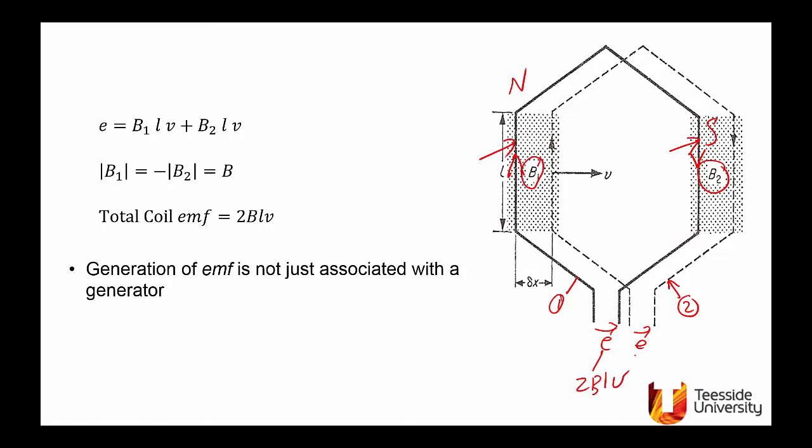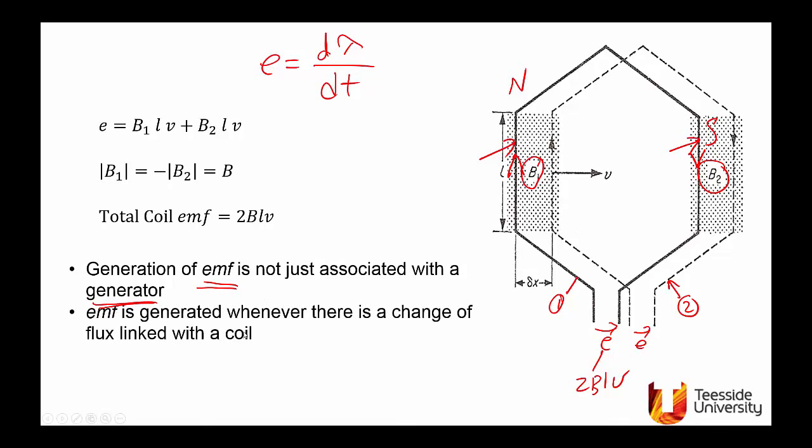Observation. EMF generation is not just associated with a generator. EMF E will be produced in any circuit that is linked by a flux that is changing with time. So whenever there is a change of flux linking the coil or the circuit, there will be EMF.